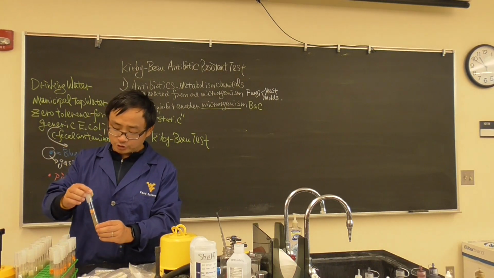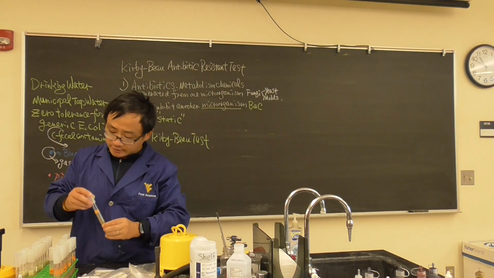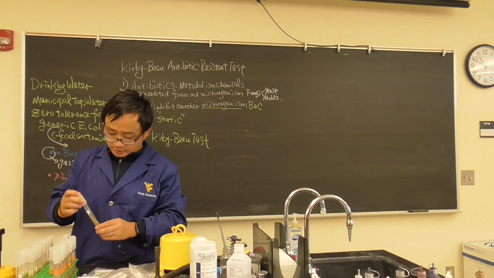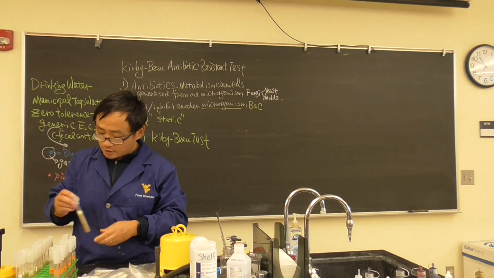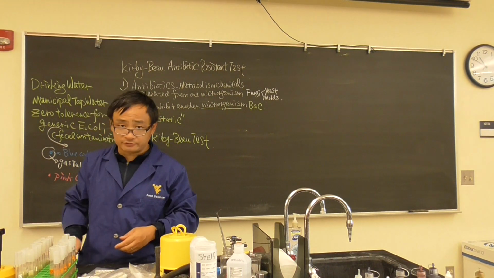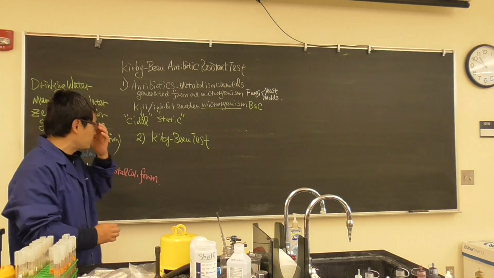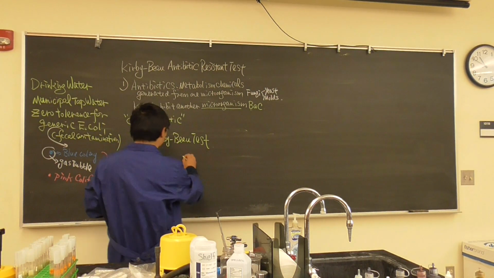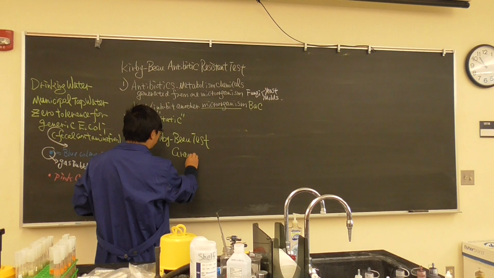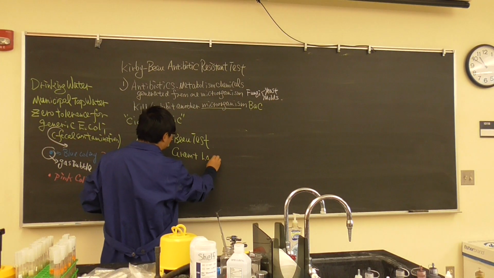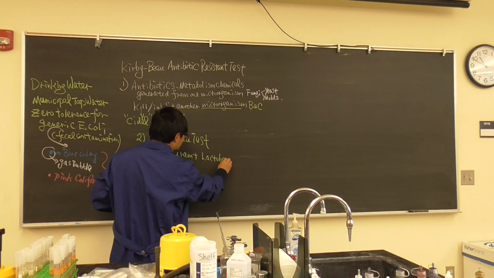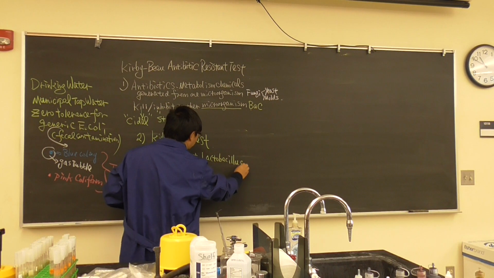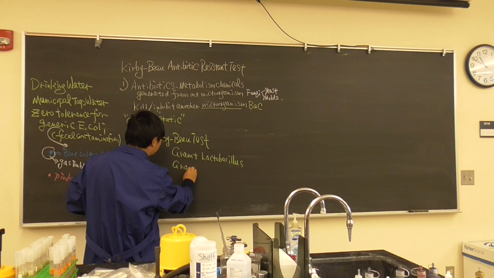One plate will do E. coli, another plate will do lactobacillus, because we are representing gram-positive and gram-negative bacteria. So we will choose lactobacillus as the gram-positive bacteria, and we will choose E. coli as the gram-negative bacteria.